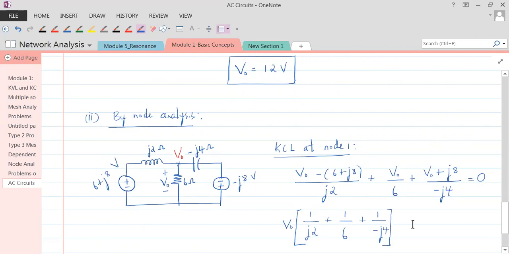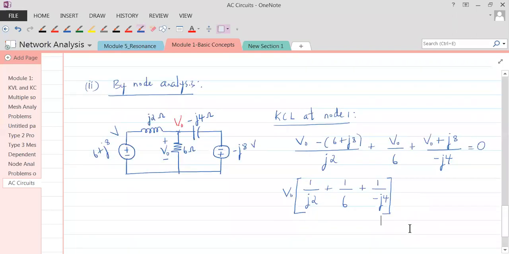There is a constant left out. If I take this to the right hand side, it would look like 6 plus j8 divided by j2 on the right hand side. Then it is minus j8 divided by minus j4 on the right hand side. Is everybody okay with that?